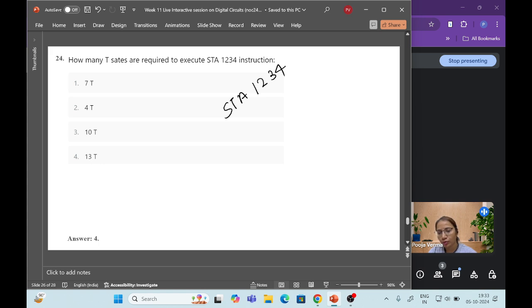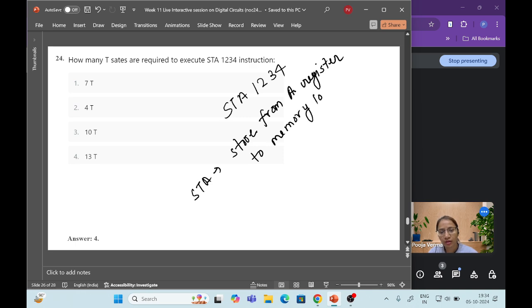To perform STA, STA stands for store accumulator to memory location.